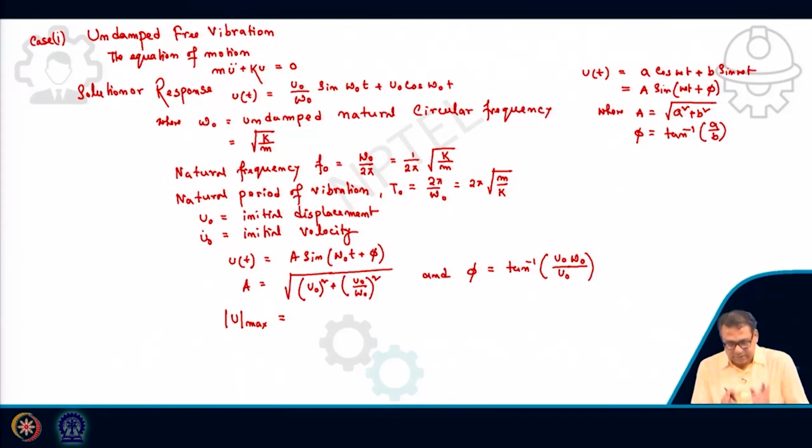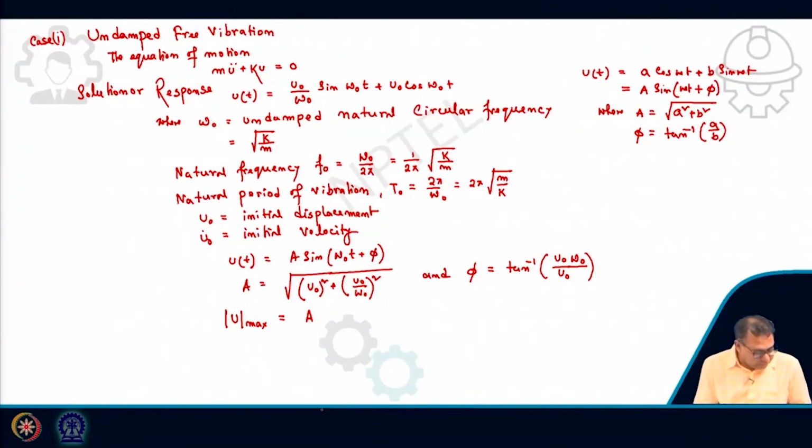So I am just taking the absolute value. That means the maximum value will be A. So that is the maximum displacement of this particular undamped free vibration system. So we will get the response of a particular case.